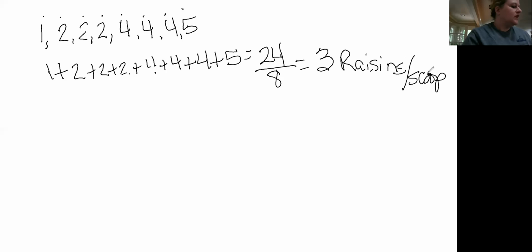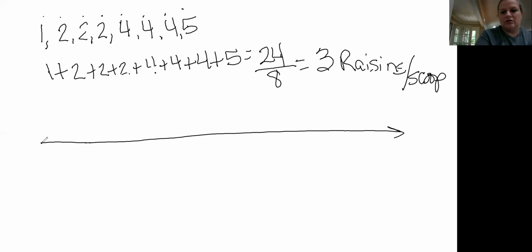Now, we can put this information on a dot plot. We have numbers from 0 to 6 on our dot plot.